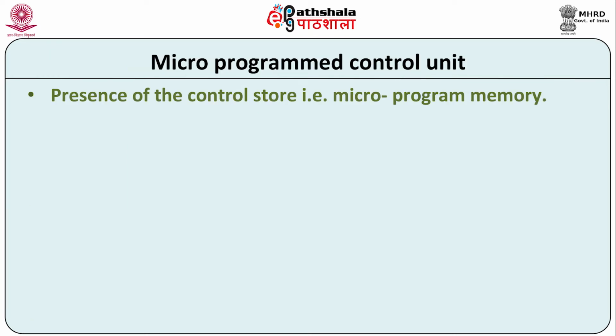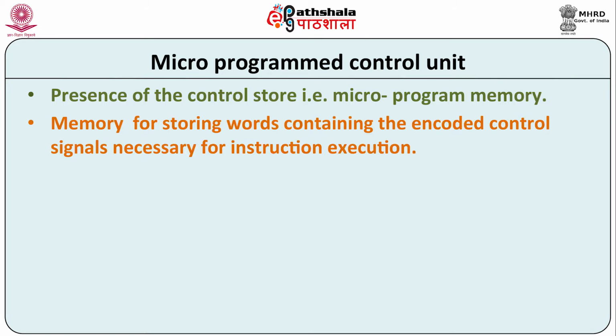Let us discuss the microprogrammed control unit. The basic difference between these unit structures and the structures built using a hardwired control unit is the presence of the control store, that is, the microprogrammed memory. This memory is used for storing the words containing the encoded control signals necessary for instruction execution.